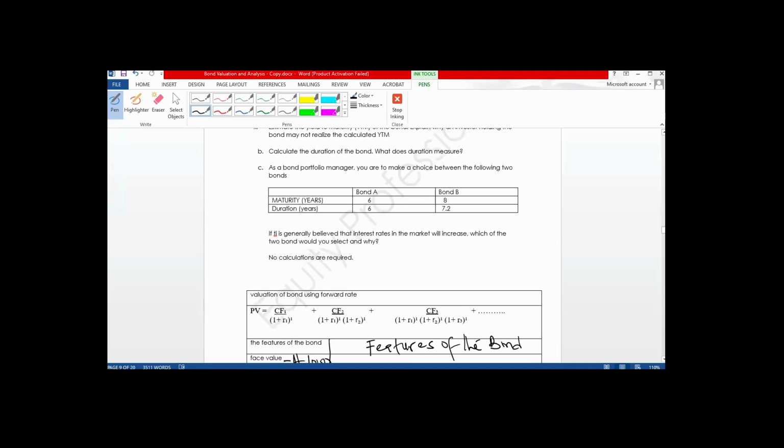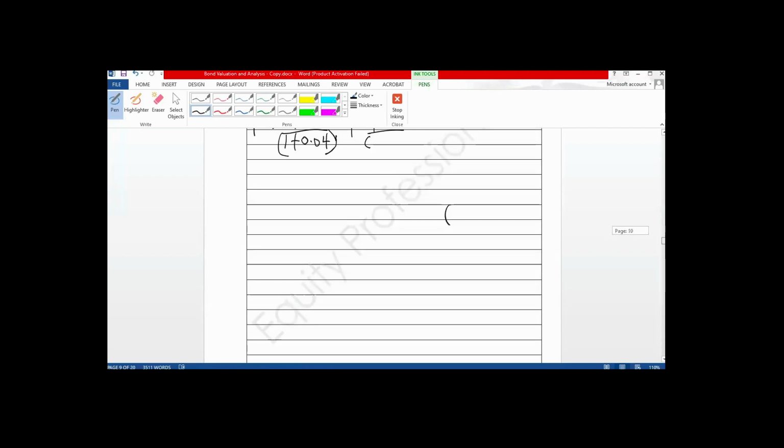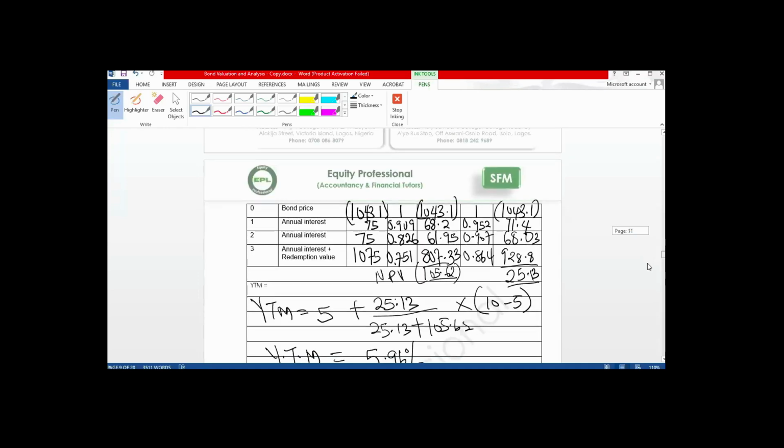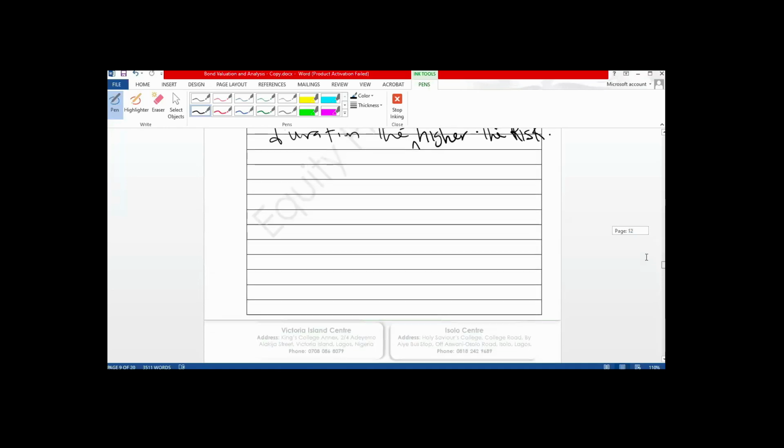So if you have to respond to this requirement C. Generally, if interest rates increase in the market, value of bond will fall.